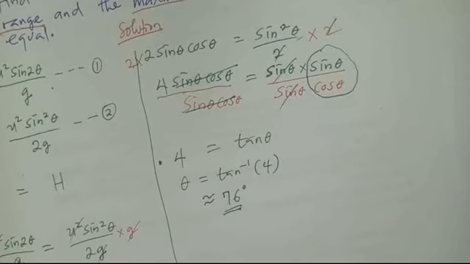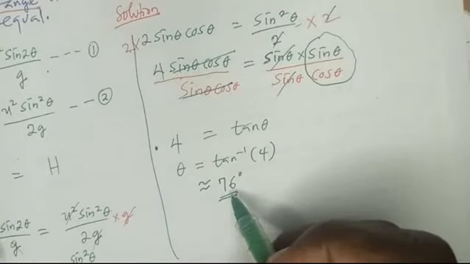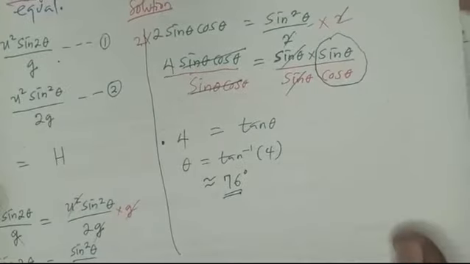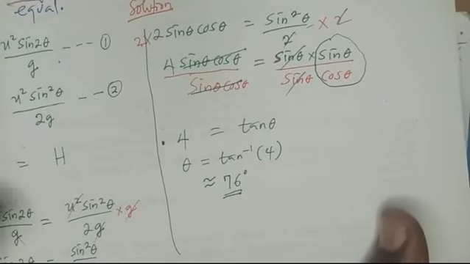Whenever you launch a projectile with an angle of approximately 76 degrees, your range and your maximum height will be identical.